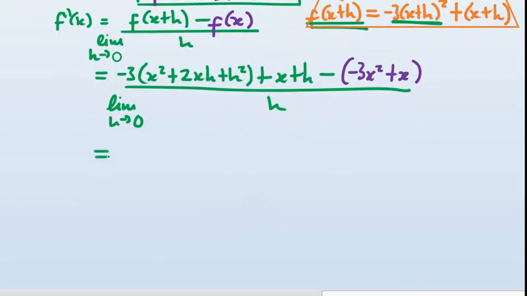And that will be equal to, that should multiply to everyone inside. So that means we are going to have negative 3x squared. Now remember the notation I used before.